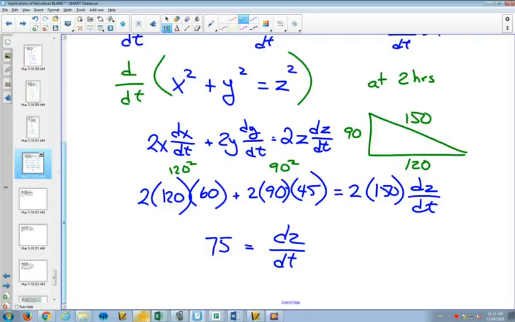We already figured out what 90 squared plus 120 squared is from a squared plus b squared equals c squared. I knew this had to be 150 squared. And so this would have to be 75 for that to work. Okay? But you can still type this all into your calculator and figure that out that way as well. So our dz dt, that's 75. That means they are separating at 75 kilometers per hour.